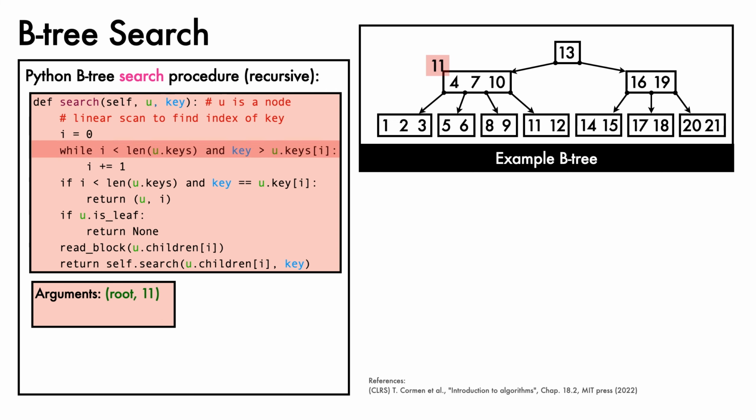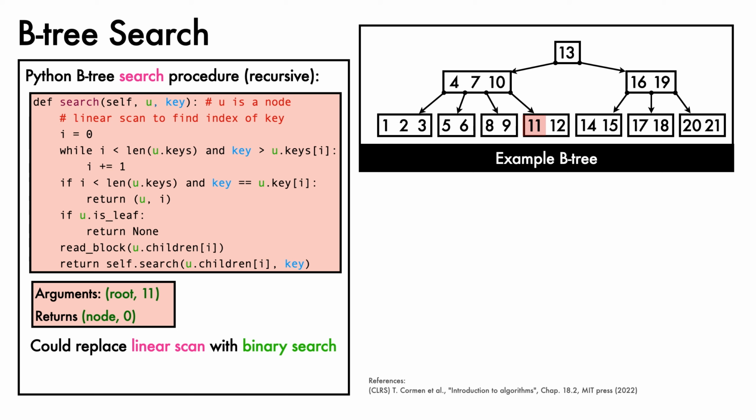We then perform another linear scan until we've moved past all keys, since all these keys are smaller than 11. We check for a match, check we're not at a leaf, read the block holding the ith child into memory, and recurse further down the tree to this child. This time, we break straight out of the while loop, since 11 is not greater than 11, hit our matching key statement, and return the current node and the value of the index i, which is 0.